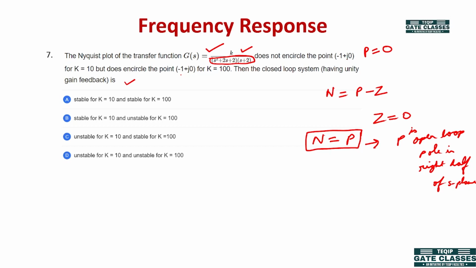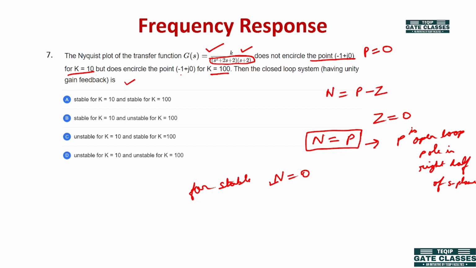So for a stable system N should be equal to 0. Here the condition is given, this Nyquist plot does not encircle the point minus 1 plus j0 for K is equal to 10. So for K is equal to 10, N is equal to 0, that means the system is stable. It encircles the minus 1 plus j0 for K is equal to 100.